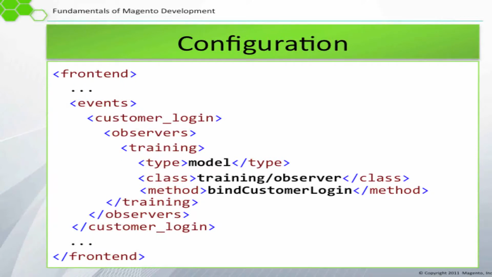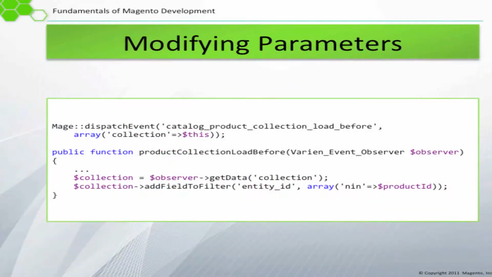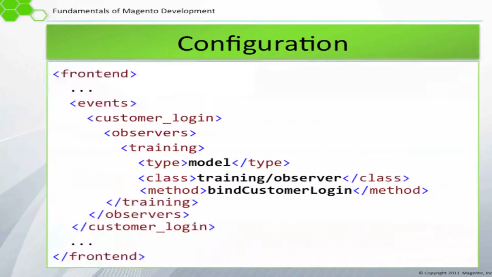So this is the structure of observers: frontend, events. So area and then events, and then the event that's being observed. If I wanted to observe the event catalog_product_collection_load_before, I would specify it in my configuration file right here, okay?